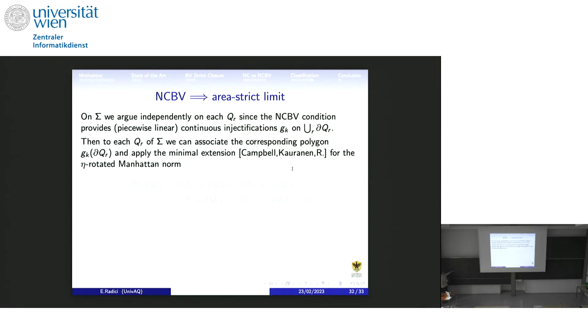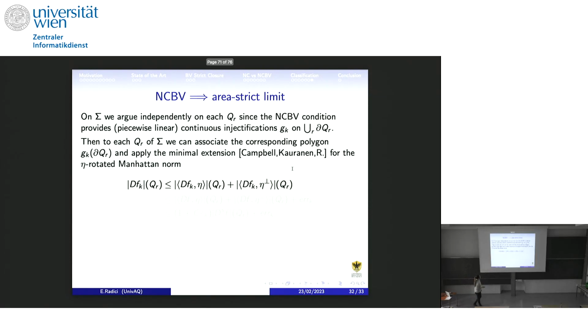This was with the horizontal and vertical direction. With Daniel and Aapo, we extended this result. Instead of starting from a square, we can start from quadrilaterals, and we can do the almost optimal extension with respect to any rotated Manhattan norm. And this is what we do here, exactly in the direction given by the rank 1 property for the singular points.